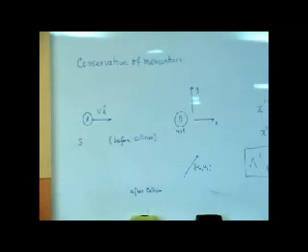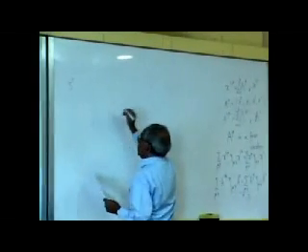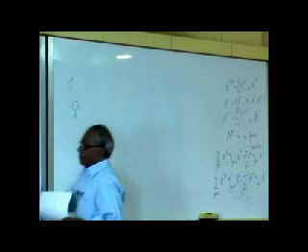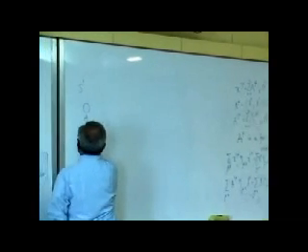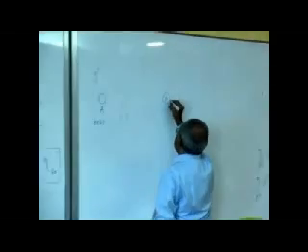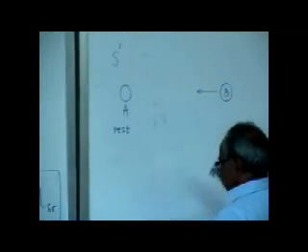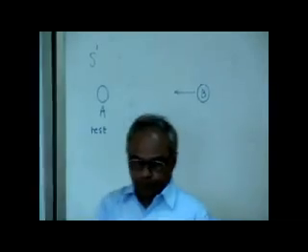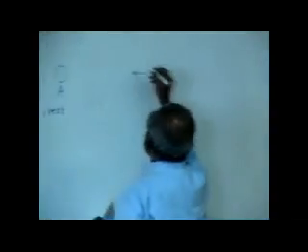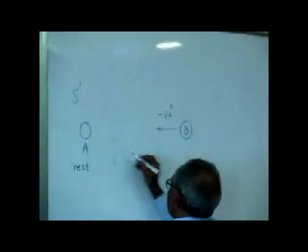Let me go to the frame S prime, in which my ball A is at rest. That is, I am moving with velocity v in that direction. A is at rest, and B moves in the opposite direction with the velocity minus v, before collision.